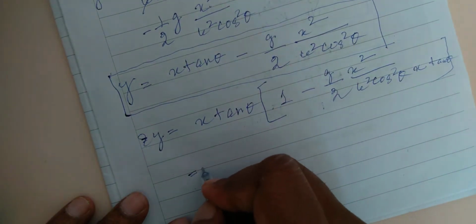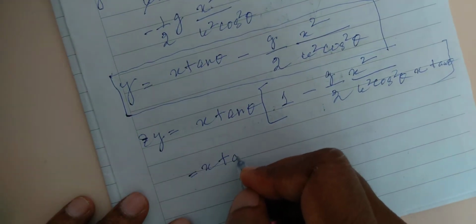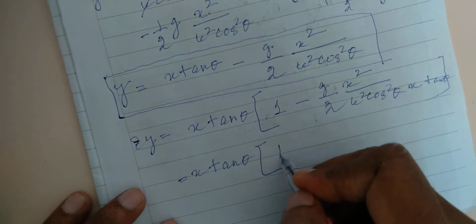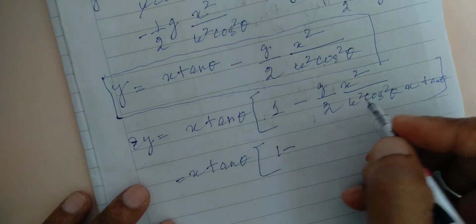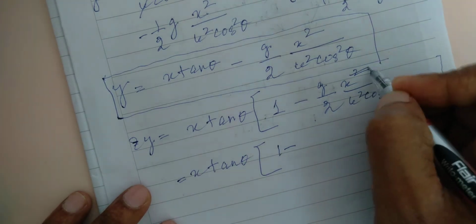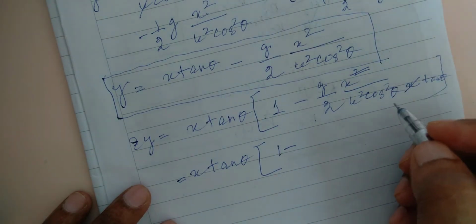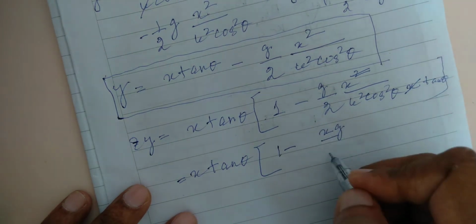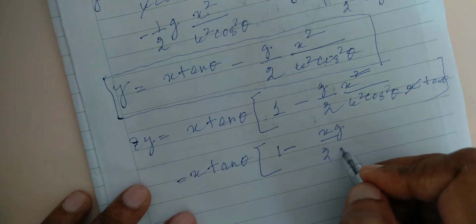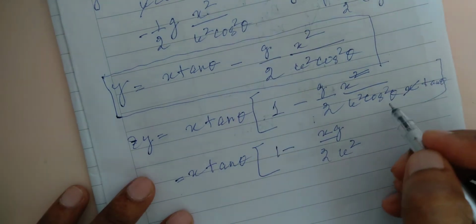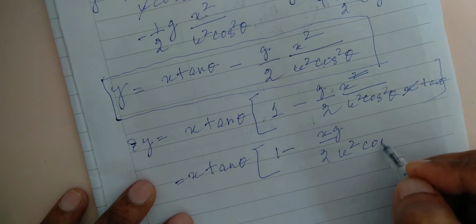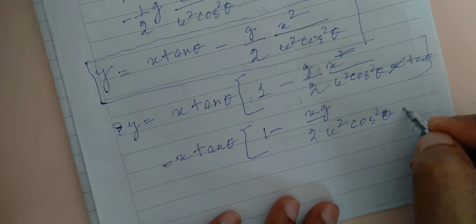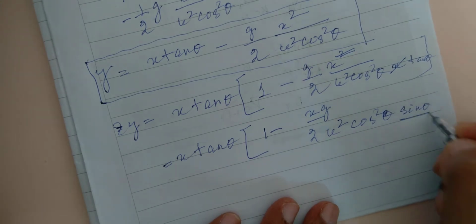Now this is equal to x tan theta whole into 1 minus, one x cancels out with another x, g by 2 u square cos square theta, then tan theta is nothing but sin theta by cos theta.